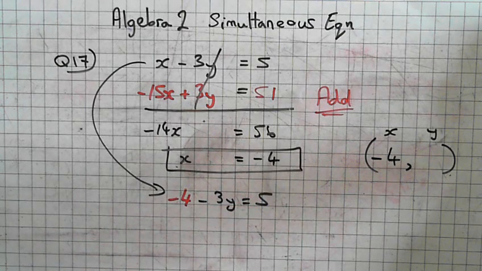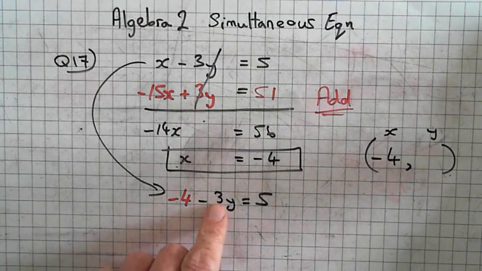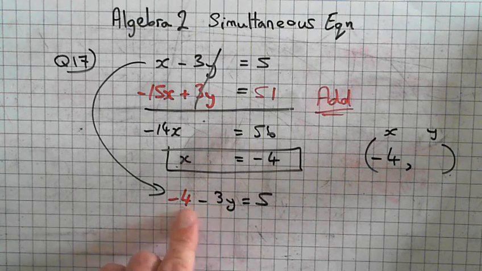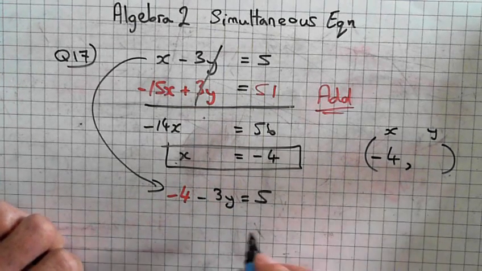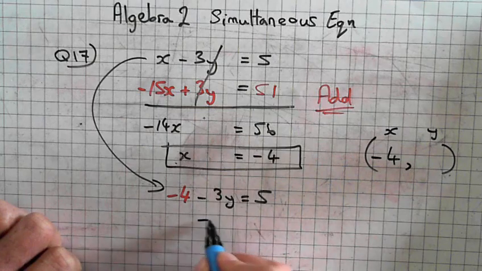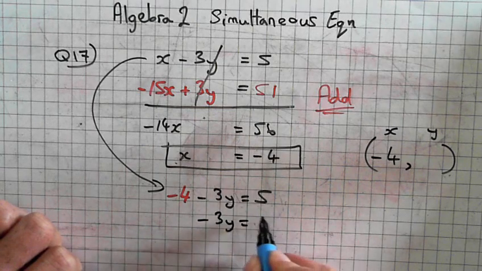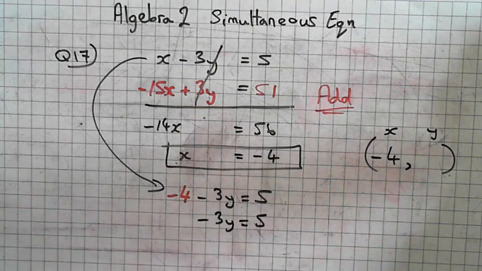Right, you can do it by trial and error if you like. If y was 1, minus 3 times 1 is minus 3. 4 minus 3, is that equal to 5? We'll do it the mathematical way because it takes too long. Minus 3y is equal to 5. We'll move the 4 across.